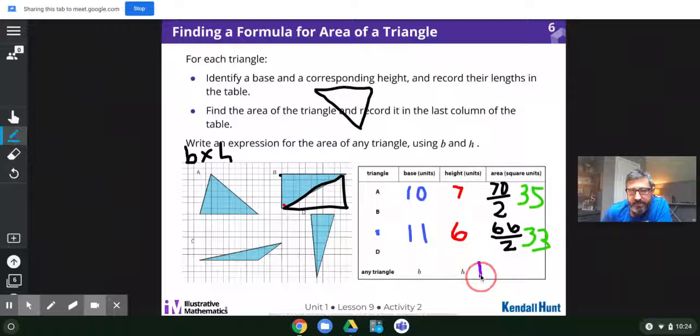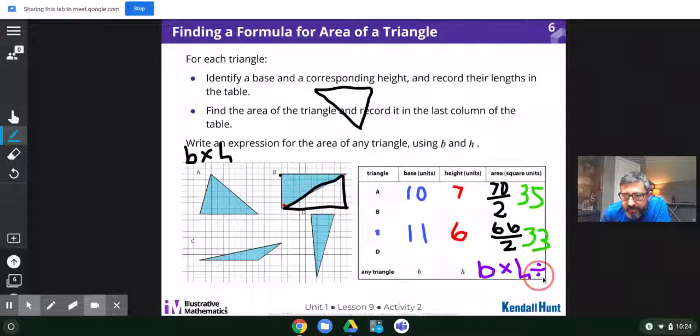How about this? Base times height divided by 2. Sorry, my drawing skills aren't great again.